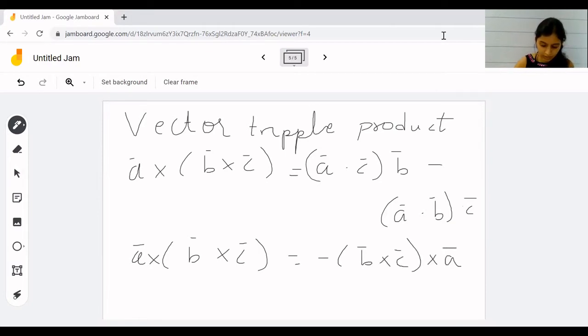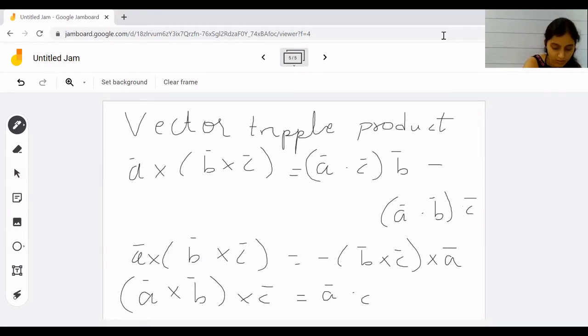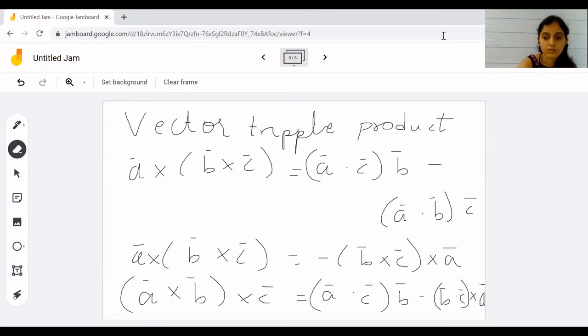This is the same as your vector triple product property. Then A bar cross B bar cross C bar is equal to A bar dot C bar into B bar minus B bar dot C bar into A bar.